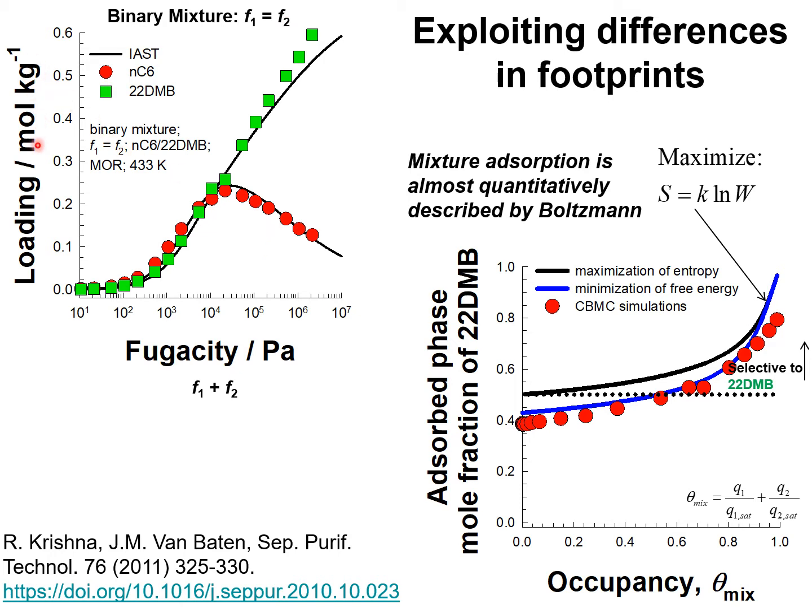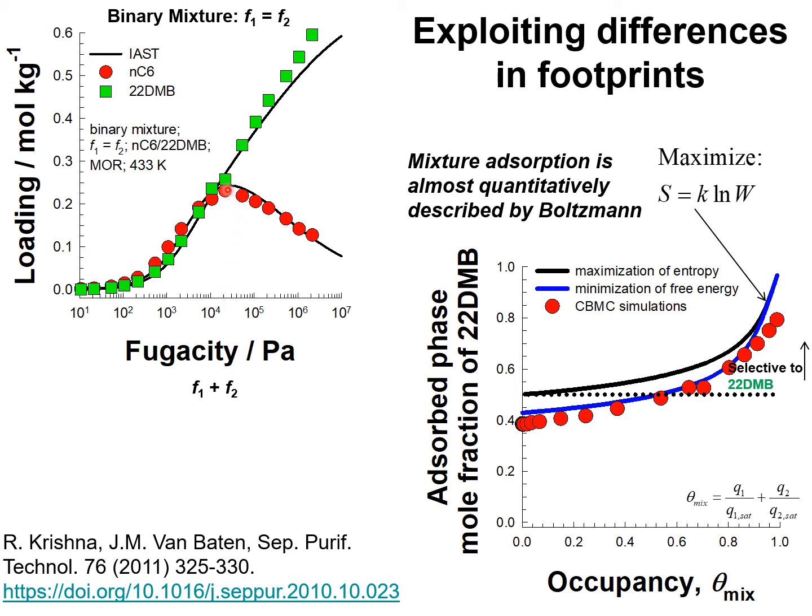The component loadings determined from CBMC simulations are plotted against the total mixture fugacity. We note that in the Henry regime, the component loadings are practically identical to each other, up to a fugacity of about 3 times 10 to the 4 pascals.